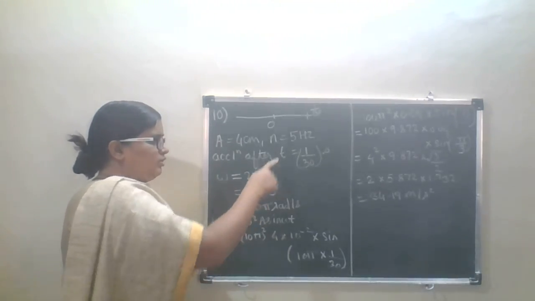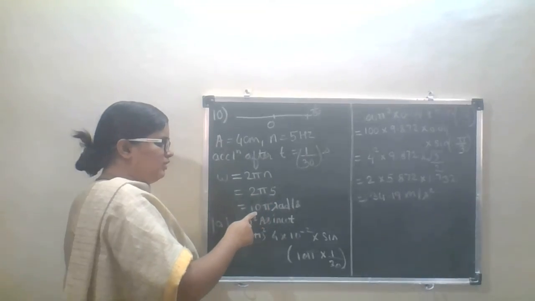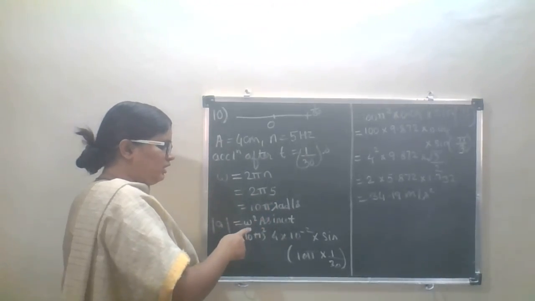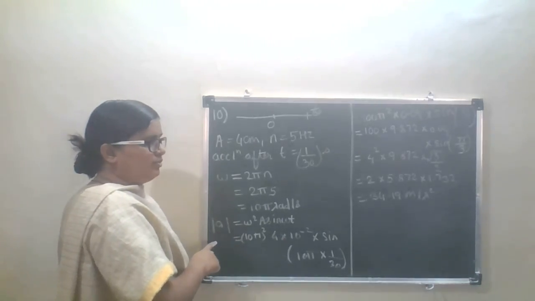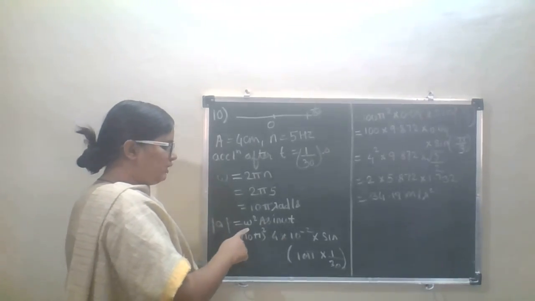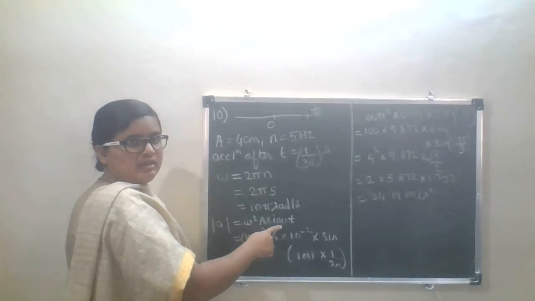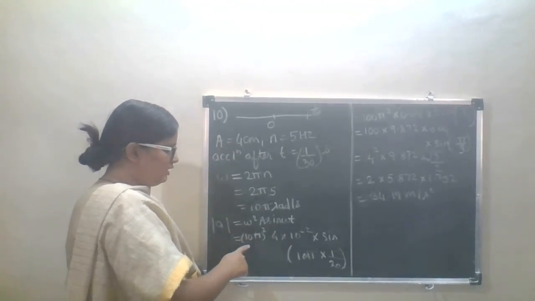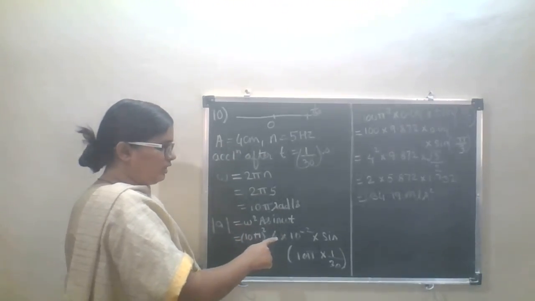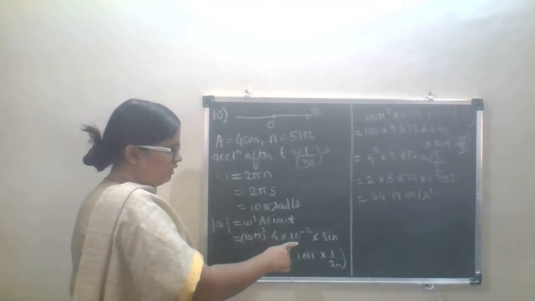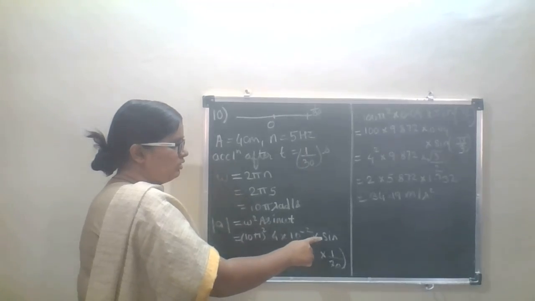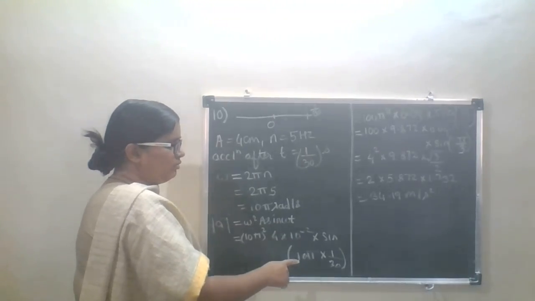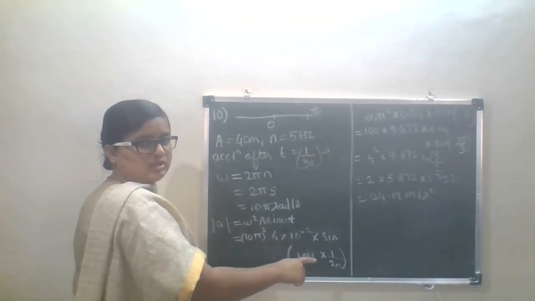Put the value of n here, which gives 10 pi, and we have to find it in the form of magnitude, so omega square a sine omega t. Then 10 pi square into 4 into 10 raised to minus 2 into sine 10 pi into 1 upon 30.